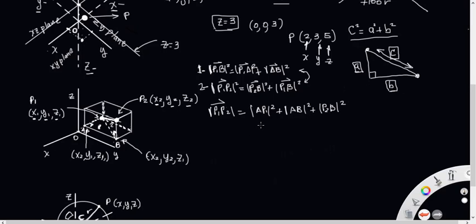So from this first expression, we can rearrange it like this.